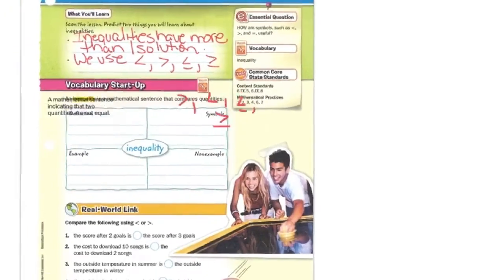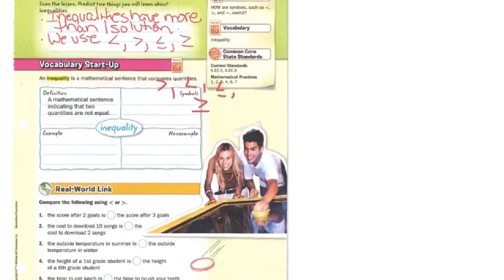An example that we might write would be 6 plus x is greater than 13. A non-example would be 6x equals 18. That's not an inequality because it has an equal sign instead of one of the inequality symbols.